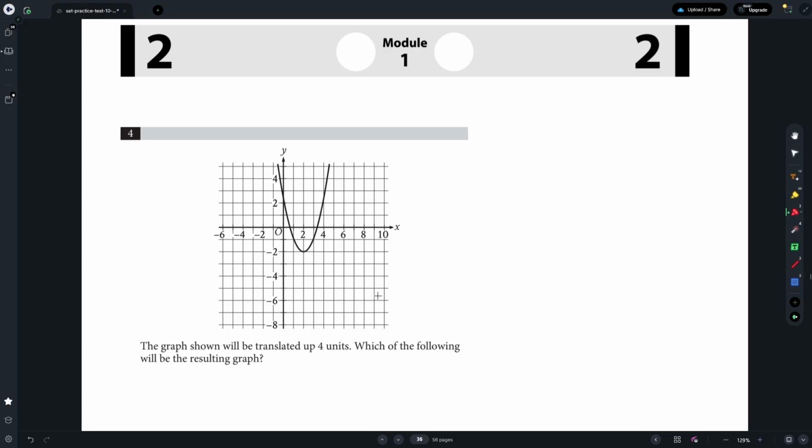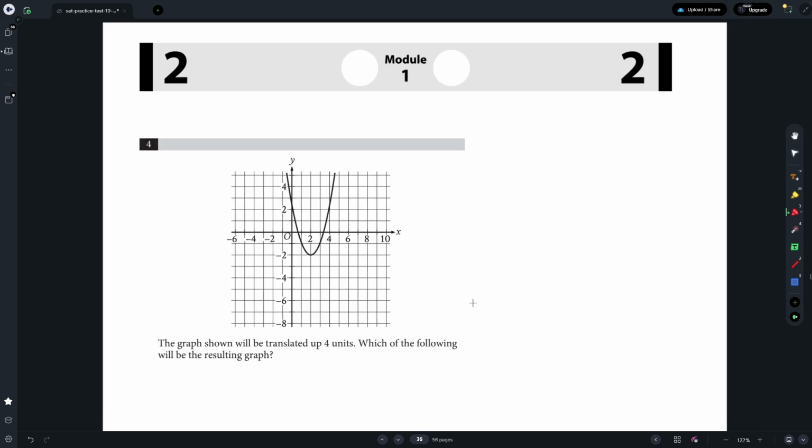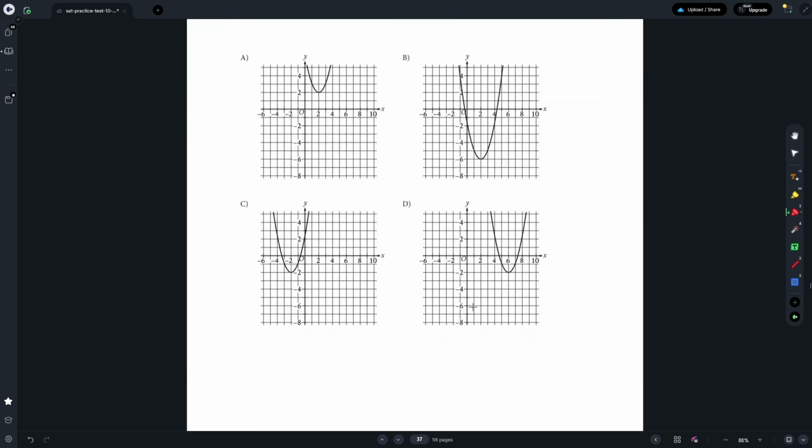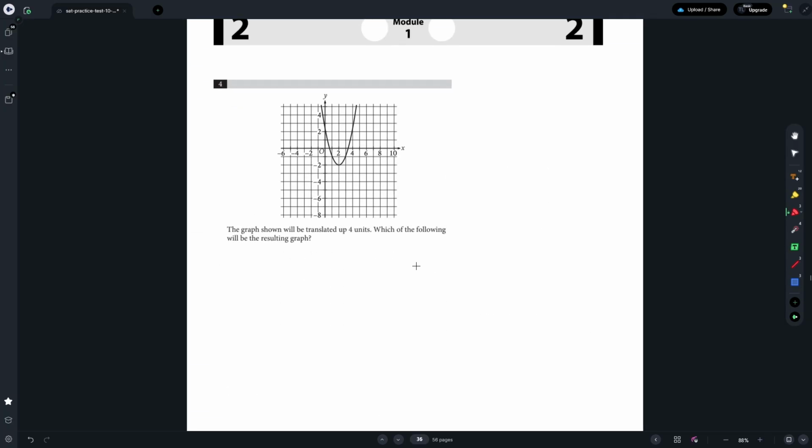The graph shown will be translated 4 units up. Which of the following will be the resulting graph? So we have 4 options here, right? If we take a look back at this graph, it is going to be translated up 4 units. What does that mean? Translated up means it's just going to shift up 4 units.